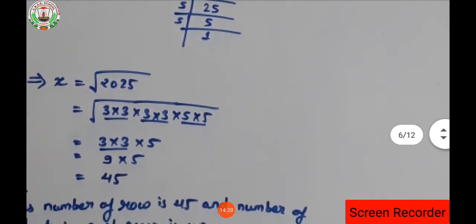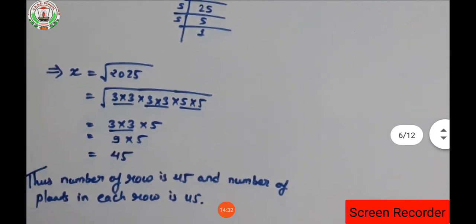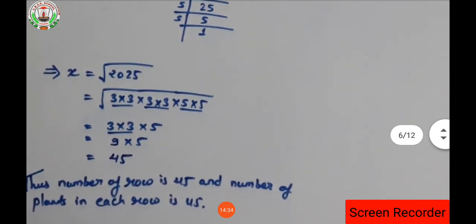Among the pairs, one of the numbers will come outside. So 3 into 3, one 3 will come outside. Again 3 into 3, one 3 will come outside. 5 into 5, one 5 will come outside from the root. So 3 into 3 into 5. 3 into 3 is 9 and 9 into 5 is 45.